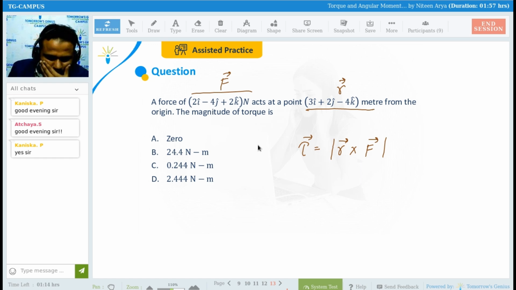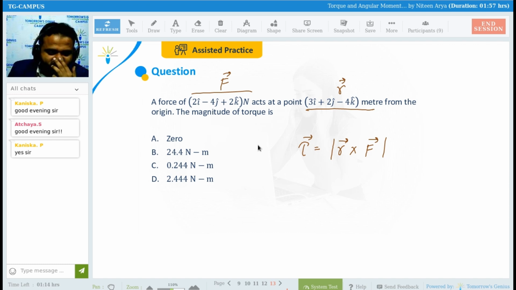Mukeshwaram, Ashwin, Karthik, Bhuvana, Shweta, Netra, Anushika, Achya, Kanishka, Anil, they've already given the answer. So other than them, what is your answer? B, yes, sir. What about you, Kanishka? What is your answer?